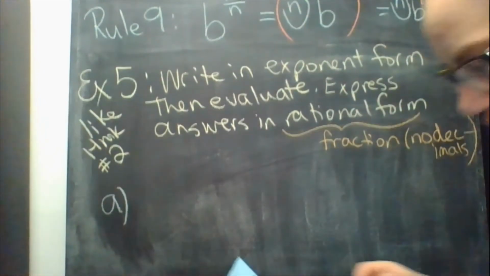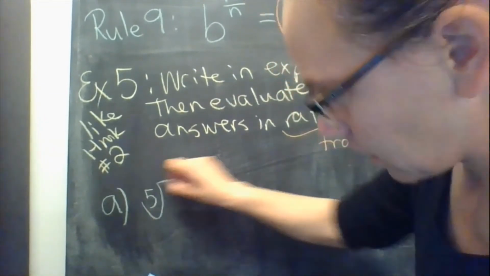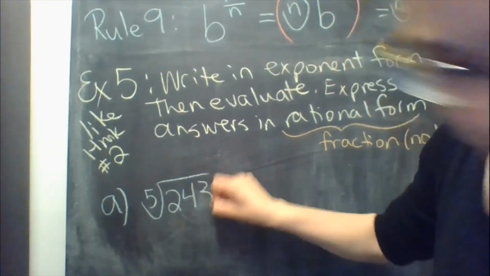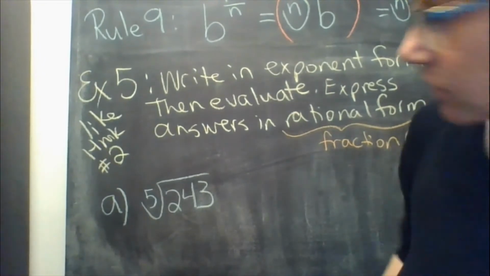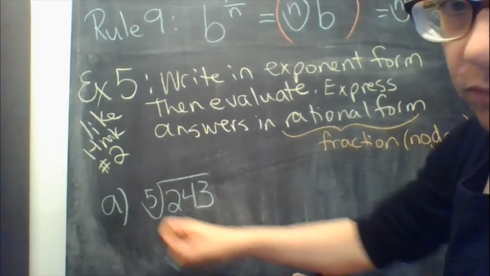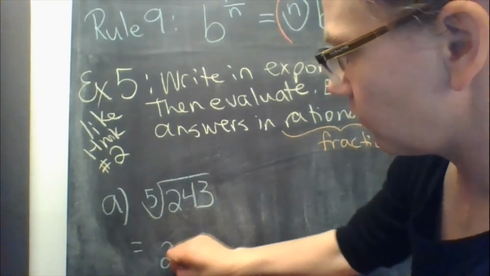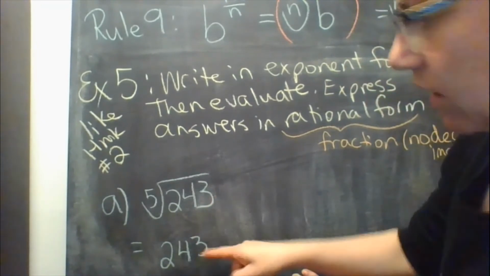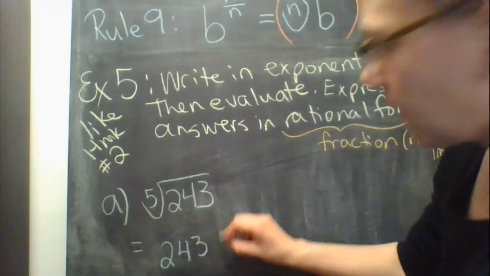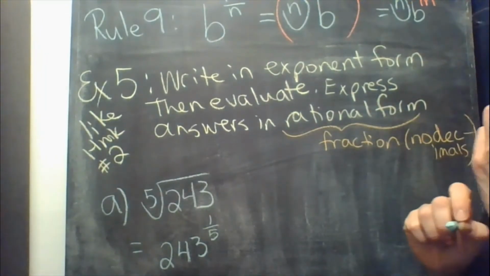Let's do maybe the 5th root of 243. So the 5th root of 243, let's write that in exponent form. Because it's a root, I want to write that with my number. So my radicand becomes my base. And that 5 becomes a fraction up in the exponent, so 1/5.